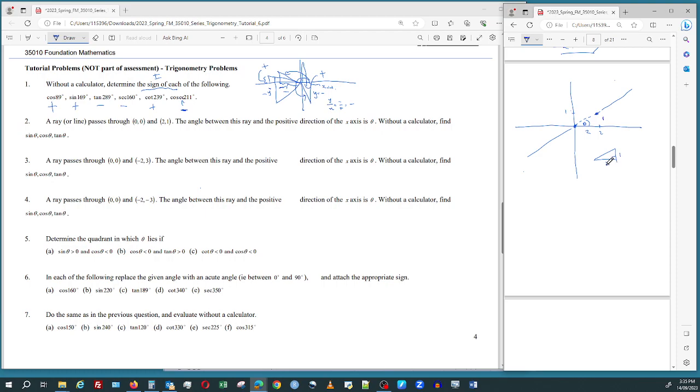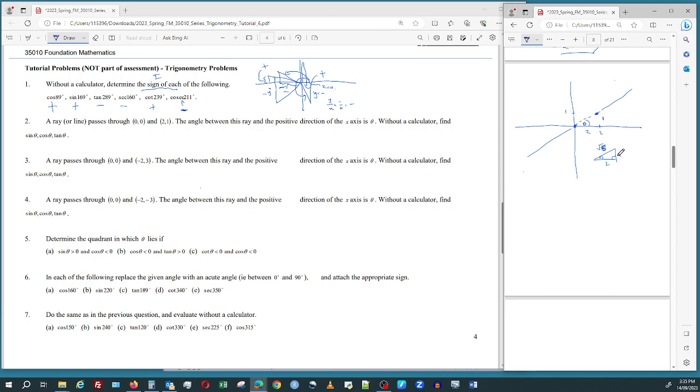So 2 squared is 4, 1 squared is 1, 4 plus 1, so it's root 5. Not 6, 5. So that's our hypotenuse.